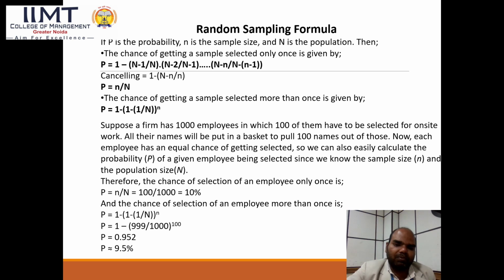Then the firm can find the probability by the formula P = n/N = 100/1000 = 10%, and the chance of selection of an employee more than once is P = 0.952, here we study in percentage, 9.5%.